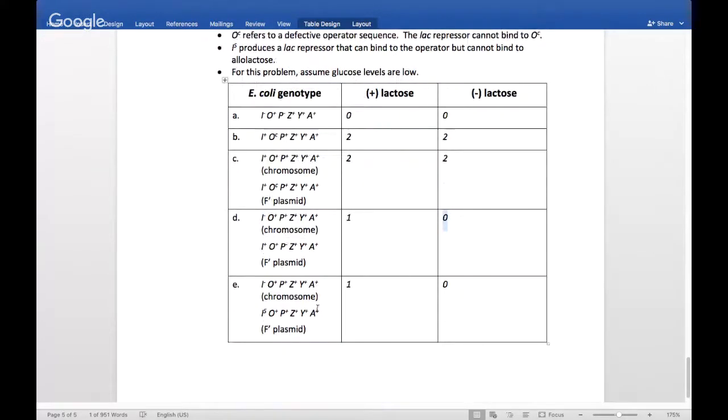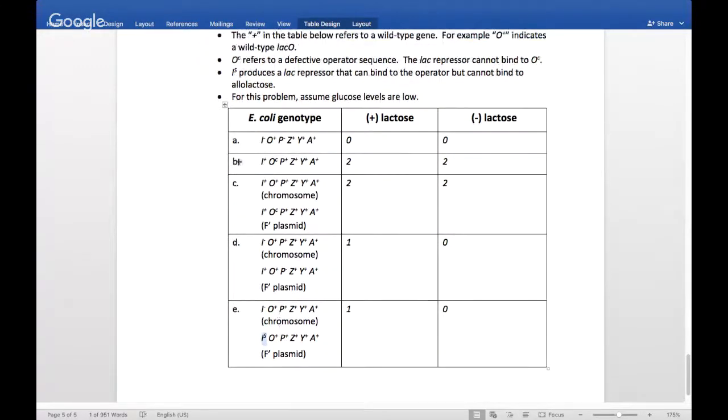For the last case, we've got the same setup as in D, but we see that the I gene here is defective. There's something wrong with it, meaning that this IS gene produces the repressor that can bind the operator, but it can't bind to the effector molecule that will help release it off of the operon sequence.